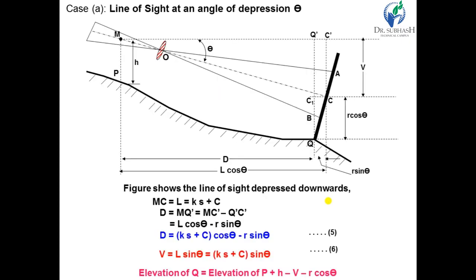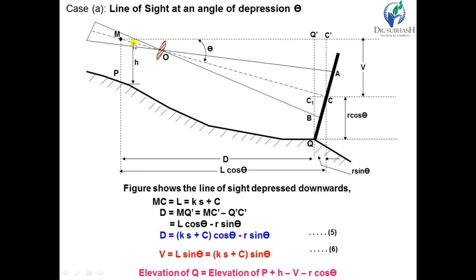Now the second case: line of sight at an angle of depression theta. The figure shows the line of sight depressed downward.